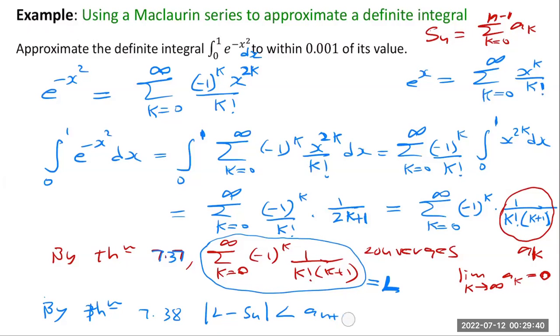It should be An actually, because your partial sum goes from k equals 0 to n minus 1. All right, so this is the series.